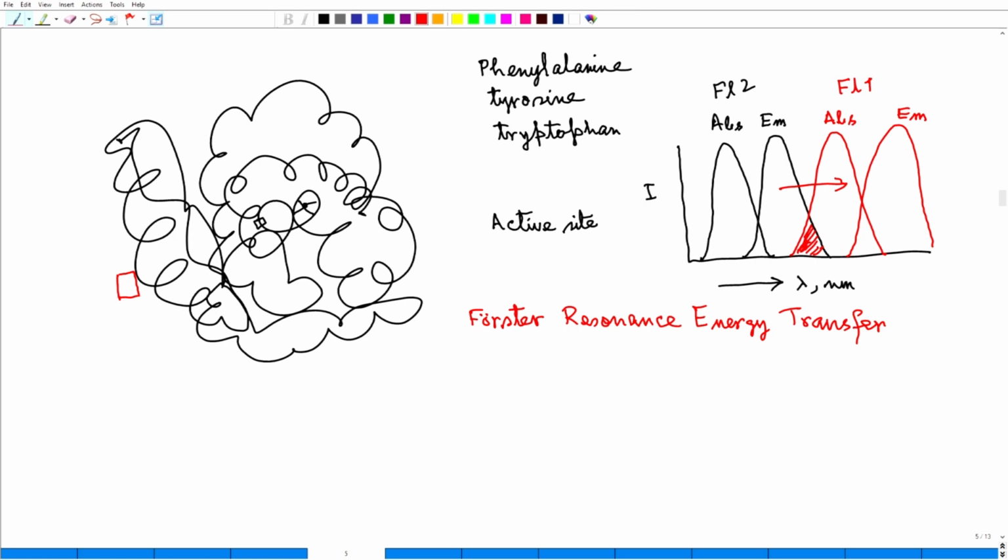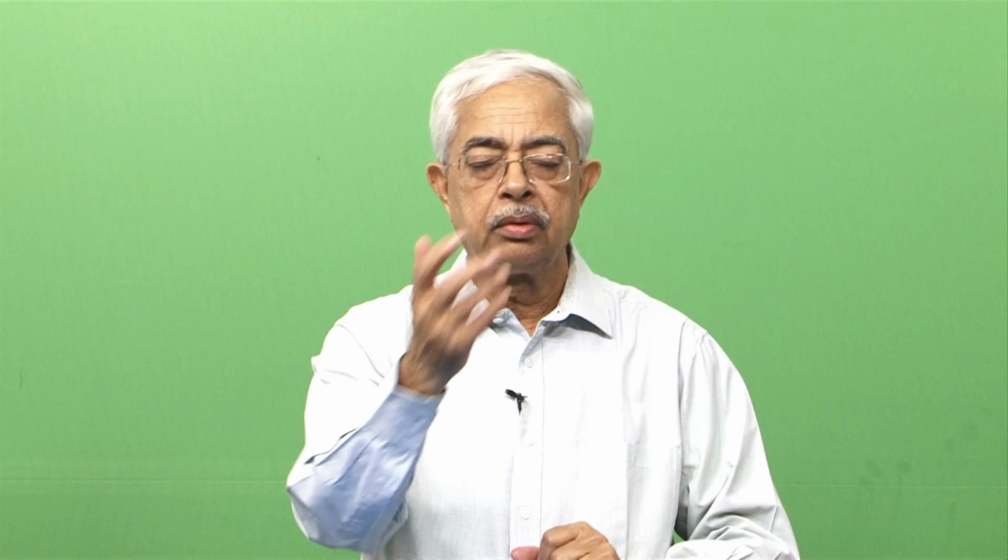So, let me do it again. There is fluorophore 1 and fluorophore 2. I should write here, I made an absolute mistake. This will be fluorophore 1. So, fluorophore 1 absorbs light energy, goes to the excited state and emits.